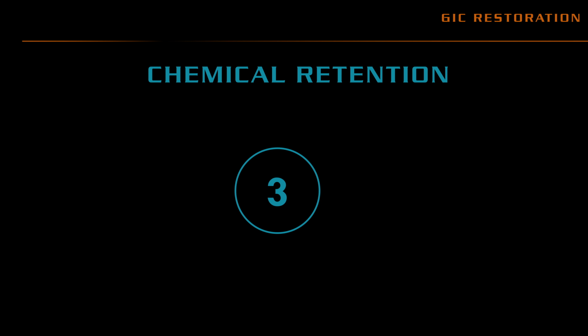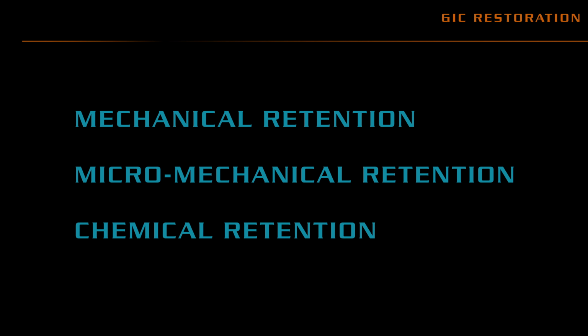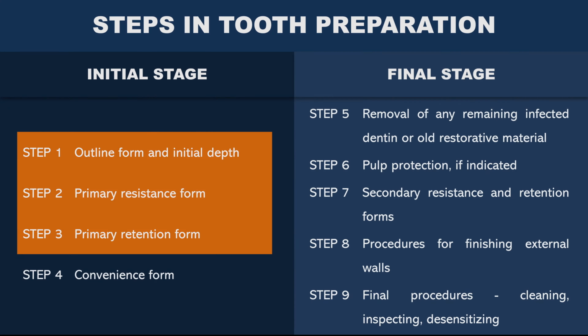For example, glass ionomer cement gets bonded to the tooth by chemical mode of retention. So there are three types of retentions. One is the mechanical retention, which is provided for dental amalgam, micromechanical retention, which is provided for composite restorations, and the chemical retention, which is provided by a glass ionomer cement restoration. So that's about the primary retention form.